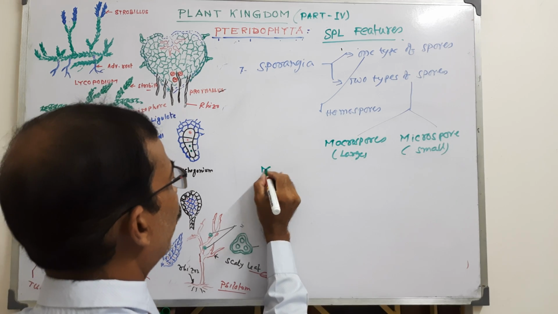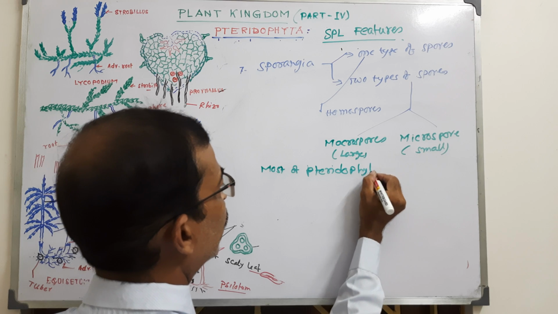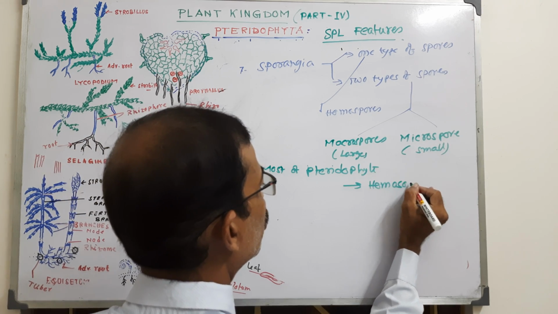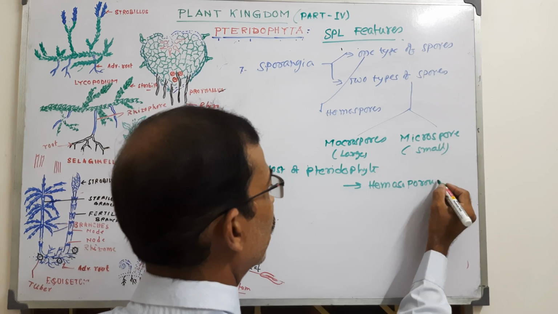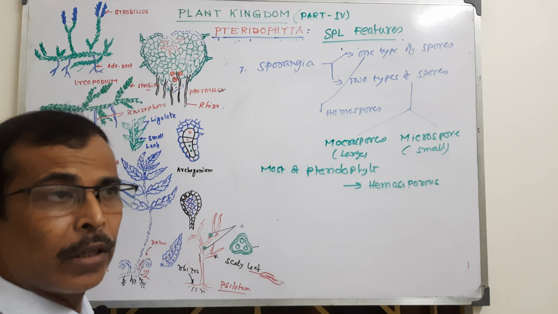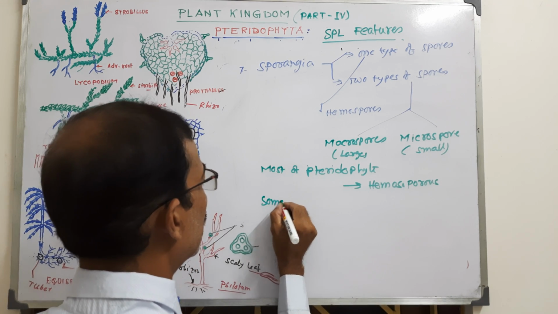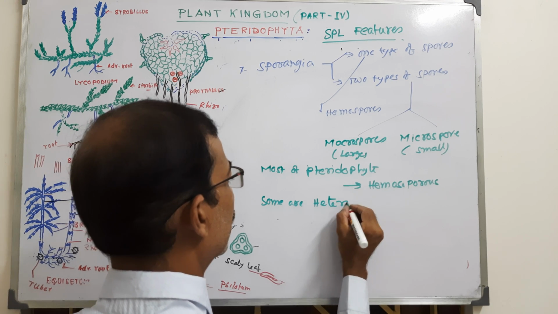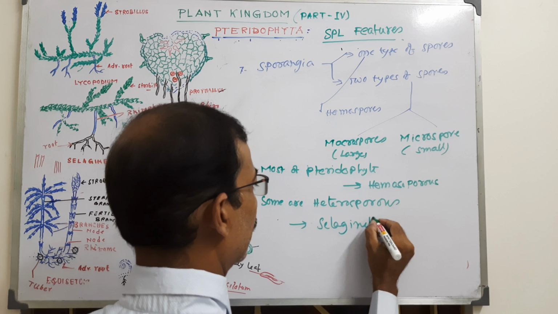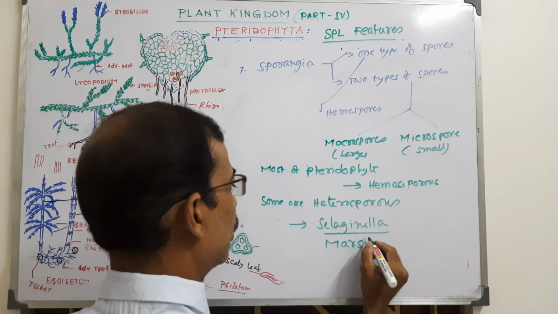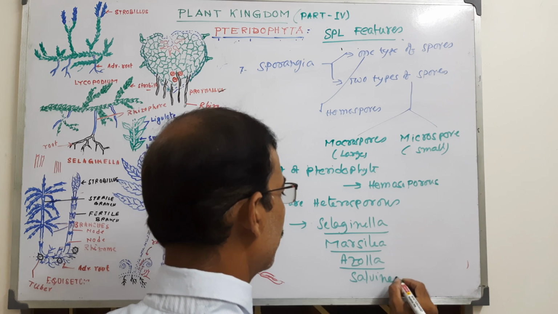Okay, and from this point of view, most of the pteridophytes are homosporous. If you recall Biostudy, they all are homosporous, but here most of the pteridophytes are homosporous, some are heterosporous, like Selaginella, Marsilea, Azolla, Salvinia, Isoetes.